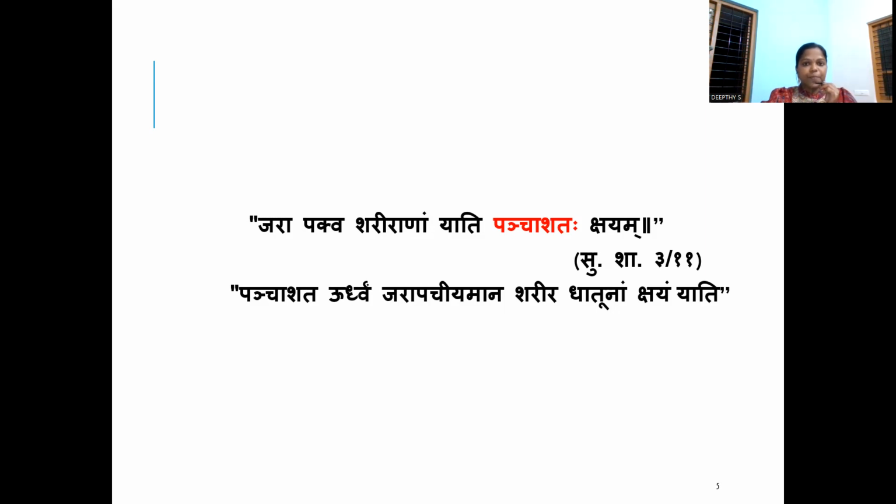At the age of 50, there is the kshaya of dhatus. Here we can see that there is the depletion of the ovarian follicular activity. So the age of menopause is 50 years. Yadi panchashadaha kshayam is explained by Acharya Vagbhata in Ashtanga Hridaya. So 50 years is stated as the age of menopause in Ayurveda classics.